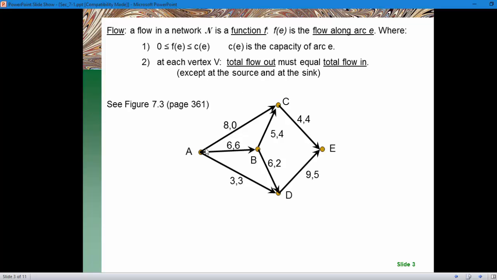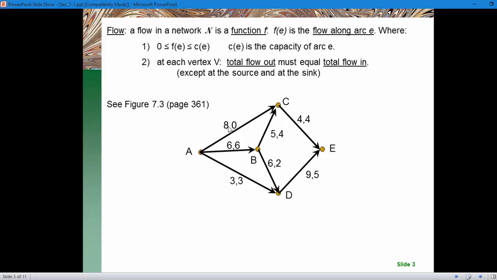So for example, the value of the function at this arc is 0. The value of the function at this arc is 4. Now, notice that these numbers satisfy these two conditions.